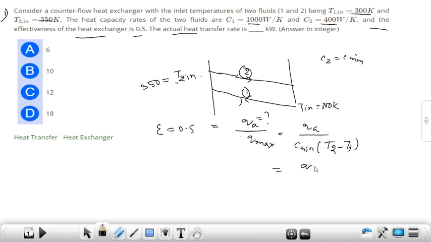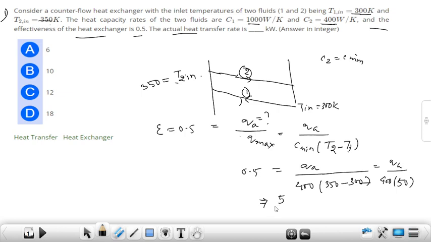So Q actual divided by effectiveness 0.5 and C min, that means C2, that is 400, into T2 350 minus 300, which is 50.